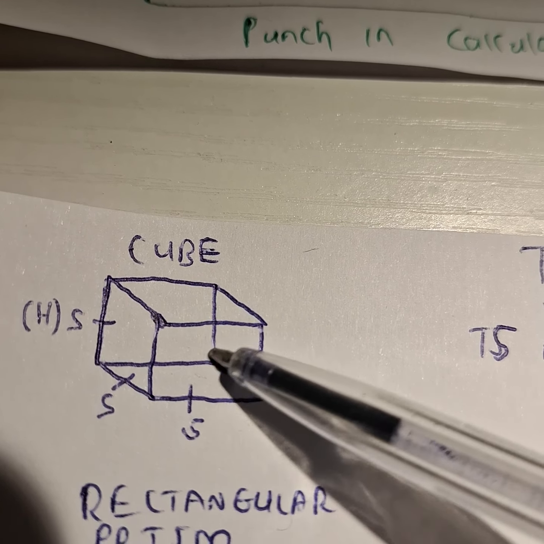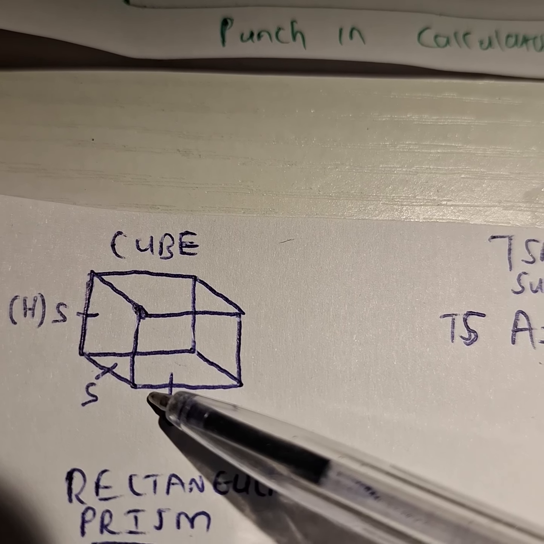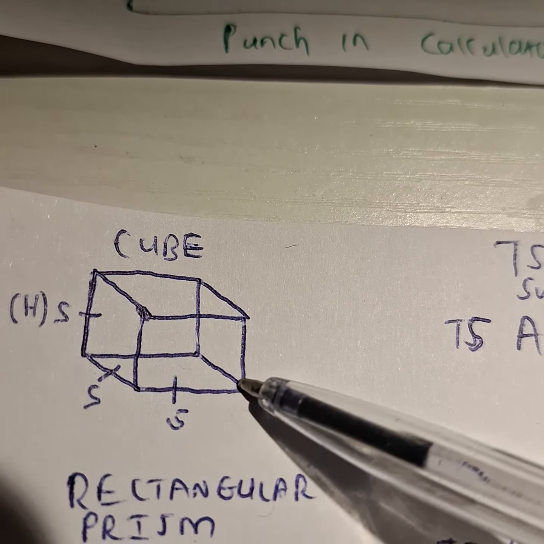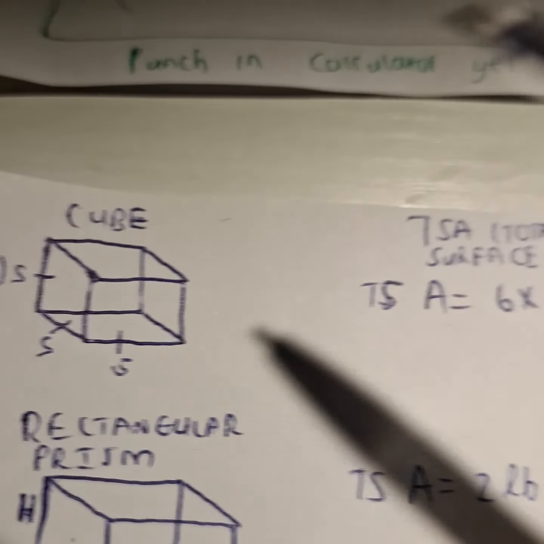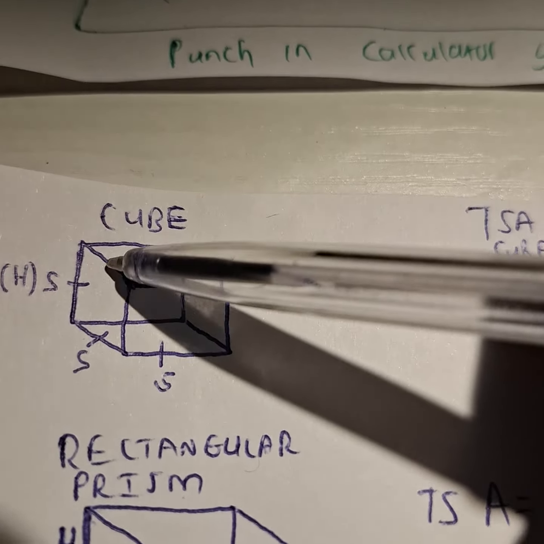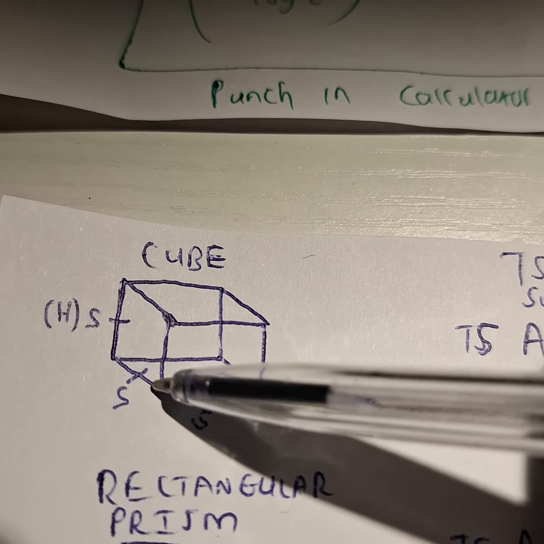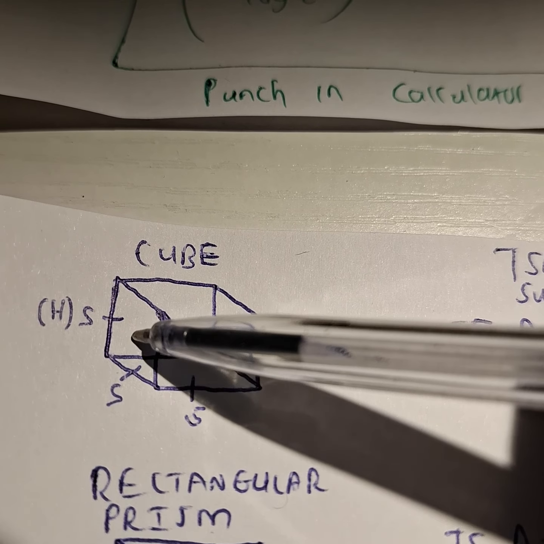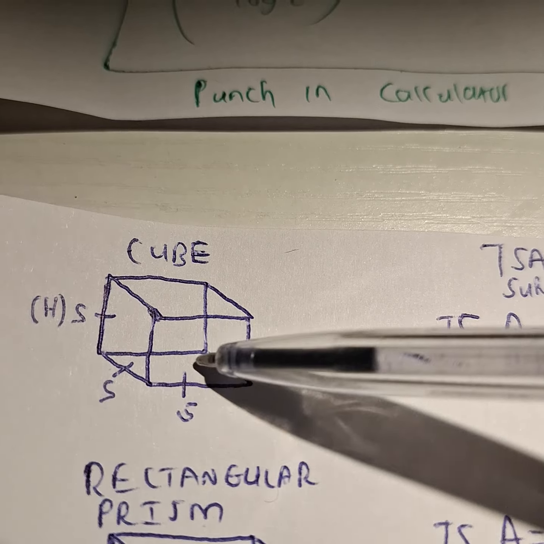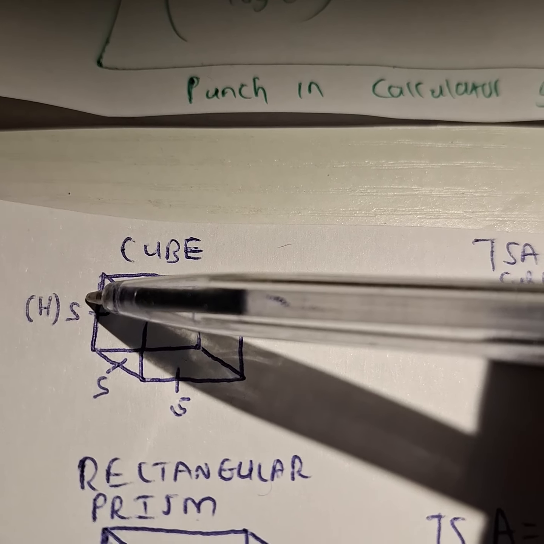So the volume of this cube is going to be side times side, because that's the area of the base, and then we multiply that with its height, how tall it is, which is defined by this particular length. So the volume of the cube is s squared, the area of the base, times its height, which is this s.